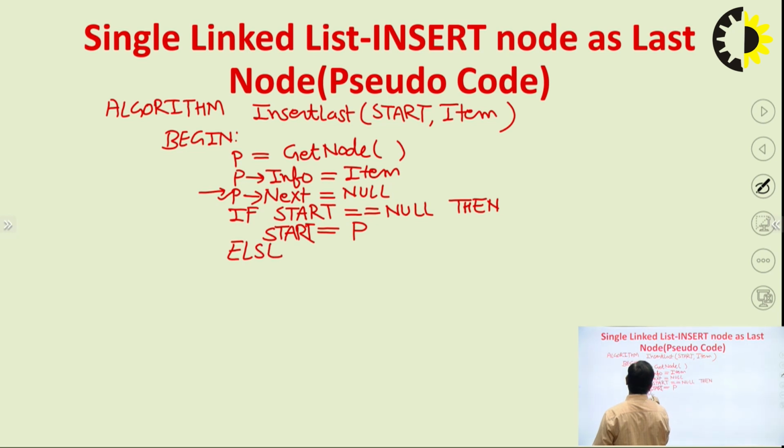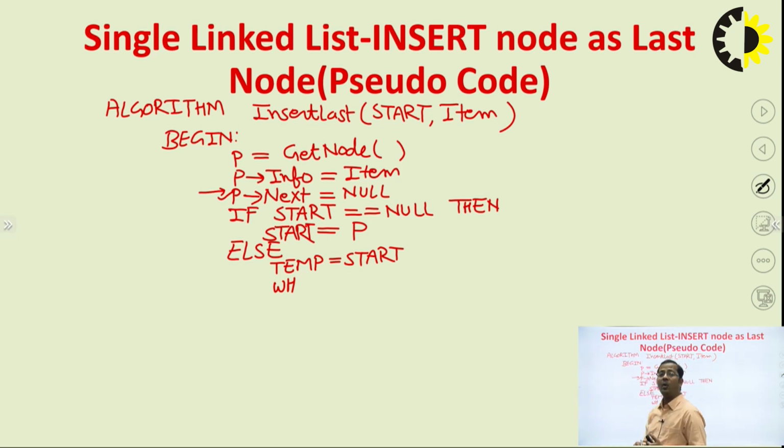Again covering the case when the list is not empty. In that case we have already understood that we have to traverse the list. While traversing, we have to initialize a temporary pointer with the address of the first node. Now we have to update the temporary pointer till temp next is not equal to null.